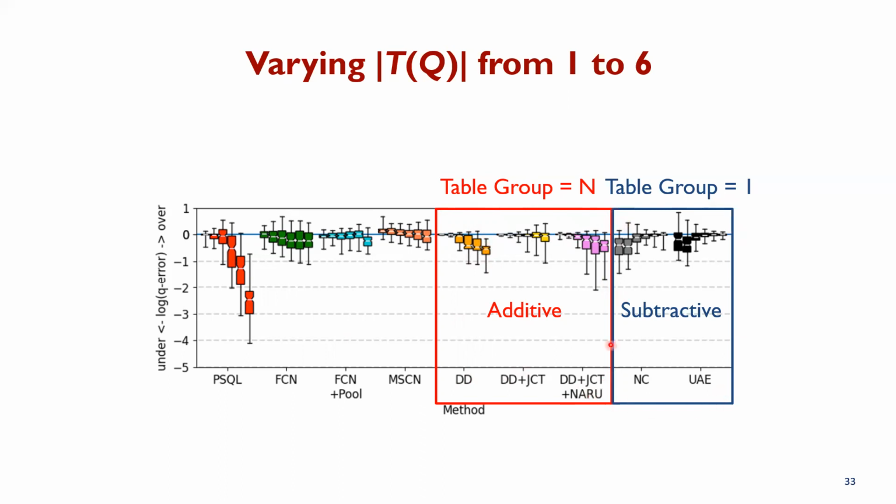NeuroCard without table grouping has a subtractive and decreasing error because after training a universal model, the small queries need some kind of normalizing factors. And these normalizing factors have large variances. I'll explain it soon.